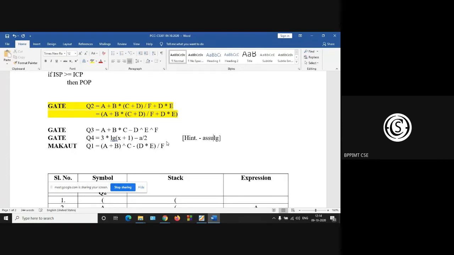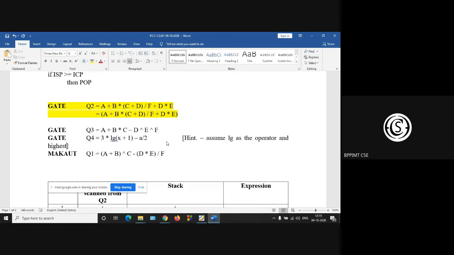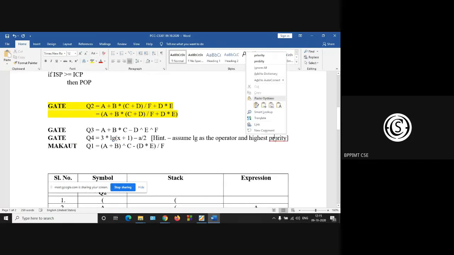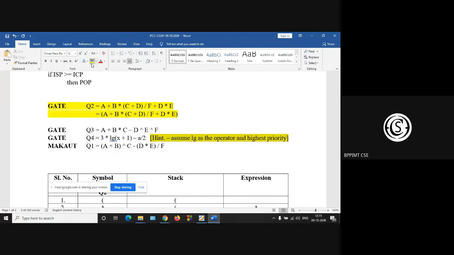Assume LG as an operator with the highest priority. Okay. So LG has the highest priority, exponential, LG, these are the highest priority operators. So we have to do these three assignments.